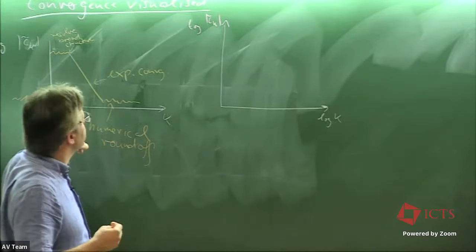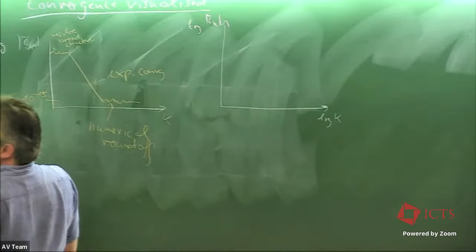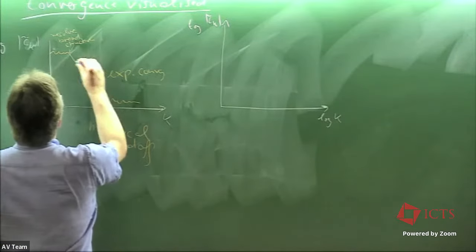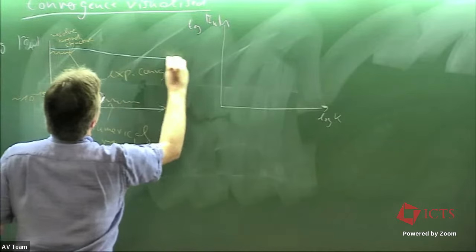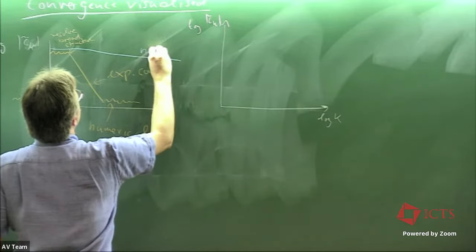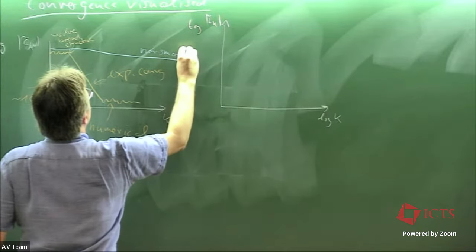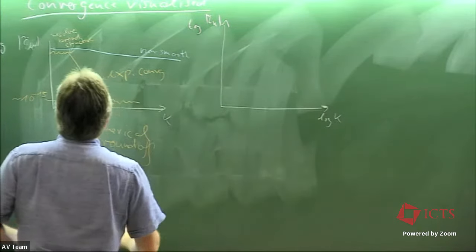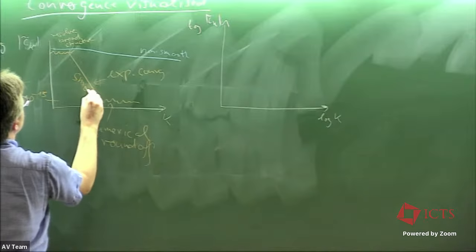For the bad functions, this plot looks more like this. So this would be the non-smooth functions. And this is a typical smooth one.